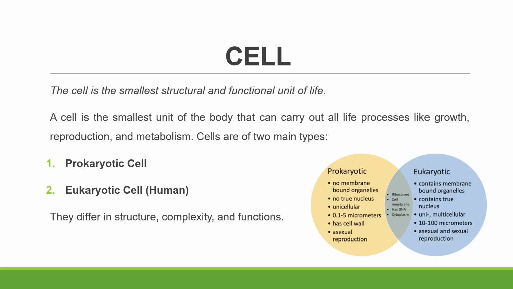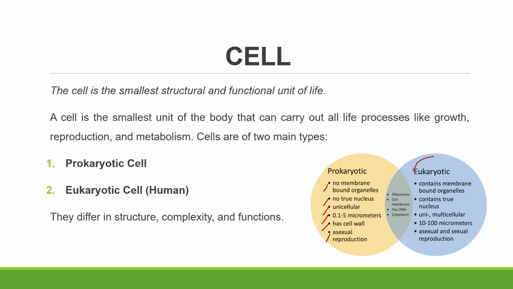The prokaryotic cell has no nucleus, no membrane-bound organelles, no true nucleus, and it is unicellular, and the size will be 0.1 to 5 micrometer, and it has a cell wall and asexual reproduction.